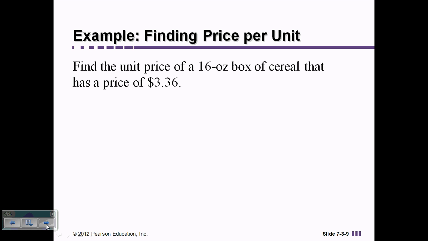So here we have, find the unit price of a 16-ounce box of cereal that has a price of $3.36. To figure out unit pricing, we're going to take the price and divide it by the number of units.